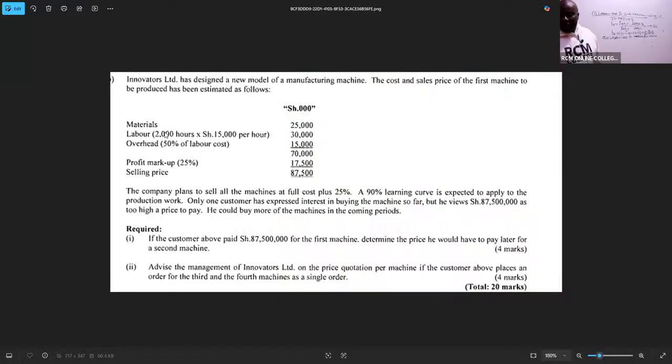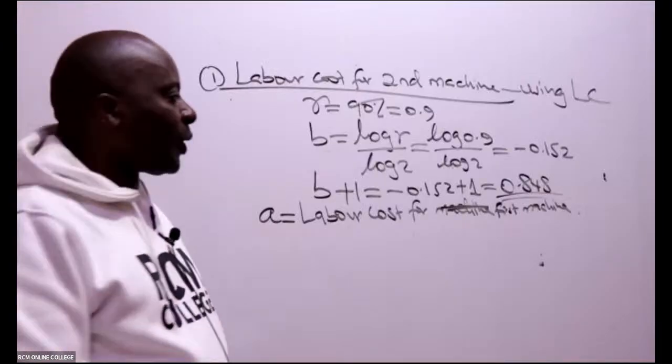You can see here, labor, don't take this 2,000. You'll still get the same answers, but they've already done this for me. 2,000 times 15,000 is 30,000 shillings thousands. So this labor for the first machine is what I will use, 30,000.